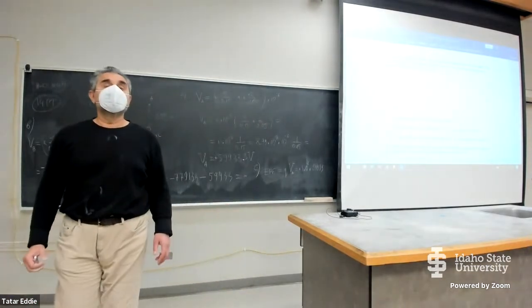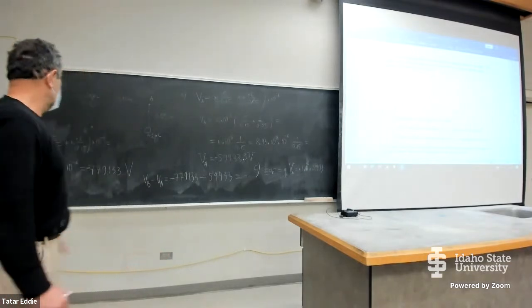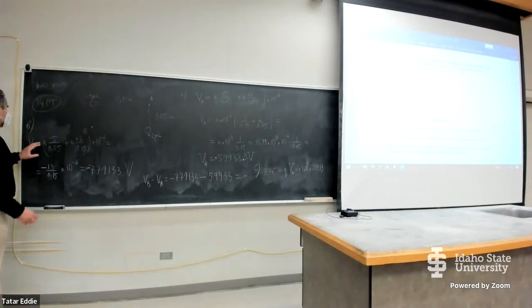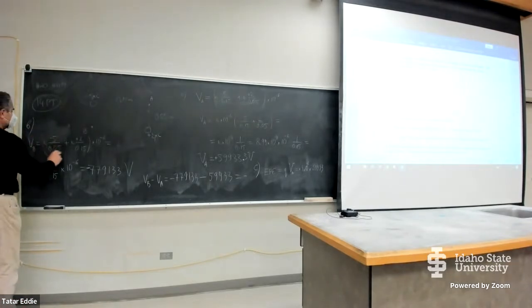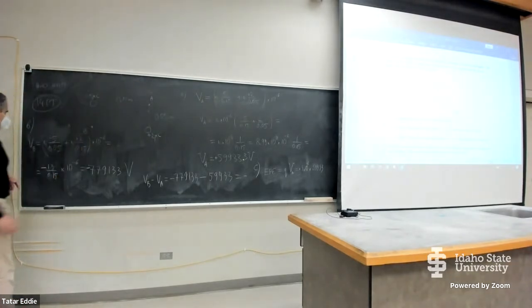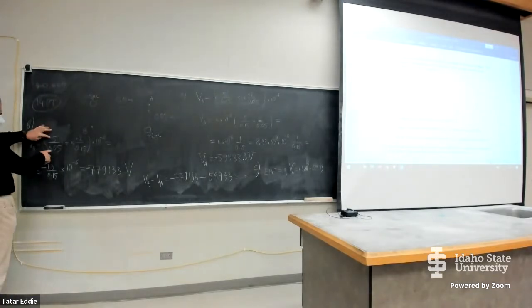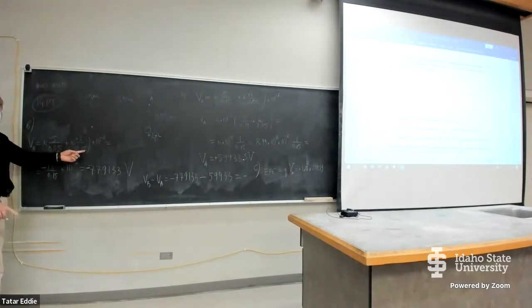Could you just explain again real quick how you got negative 13? Oh, I added this plus this. You add by multiplying numerator and denominator by 3 in order to get the same denominator, like here.